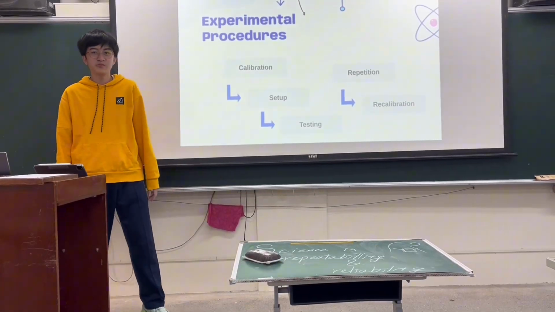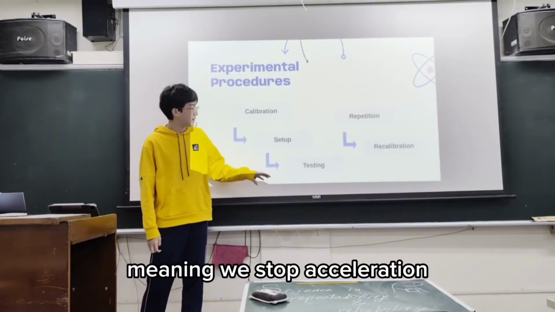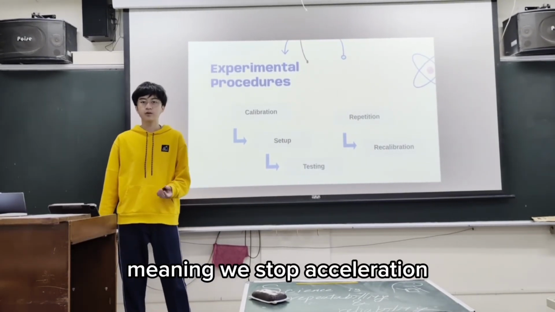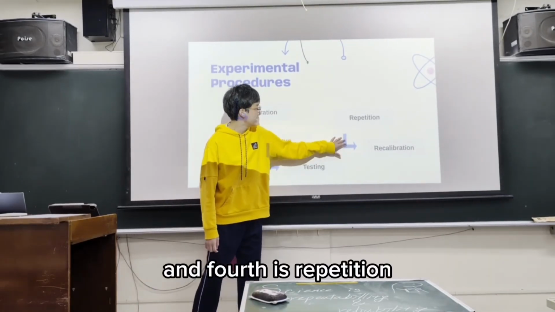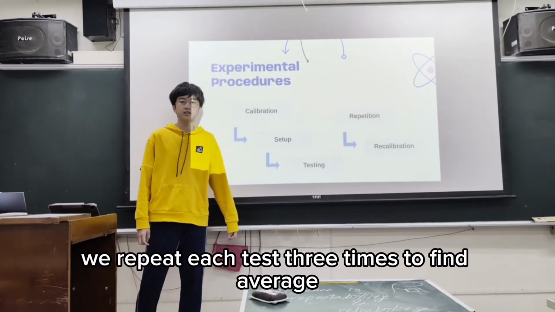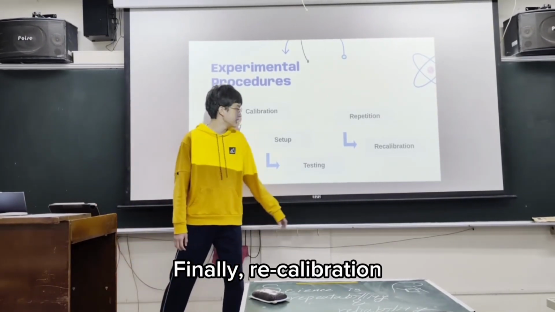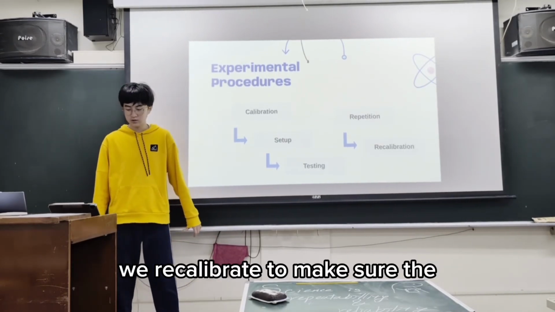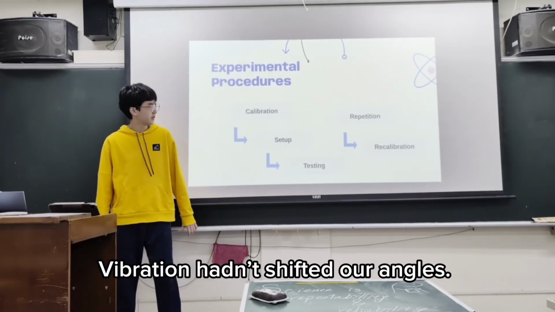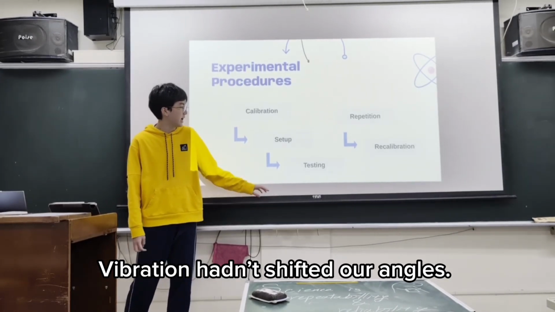Testing: we let it reach a steady state, meaning it stopped accelerating, and we record for 60 seconds. Fourth is repetition. We repeat it 3 times to find the average. And finally is recalibration. We recalibrate to make sure that the fabrication doesn't shift our angles.